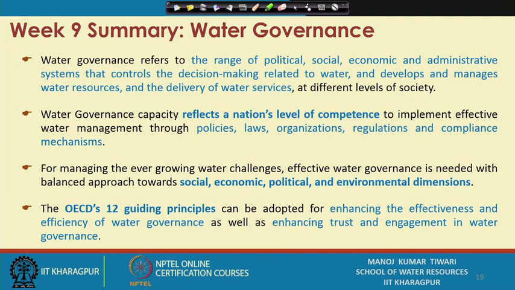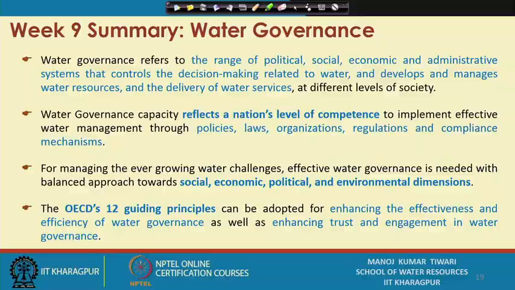Governance refers to the set of political, social, economic and administrative systems that control decision making basically. So, governance is more related to the decision making process, and as we discussed during week 9, governance primarily focuses on who is making the decision and how the decision is being made rather than the decision itself.